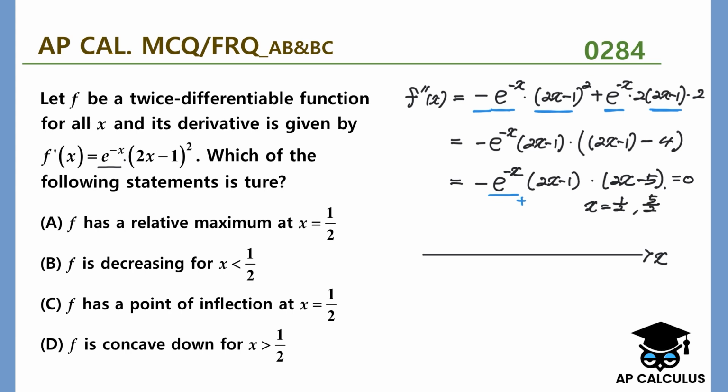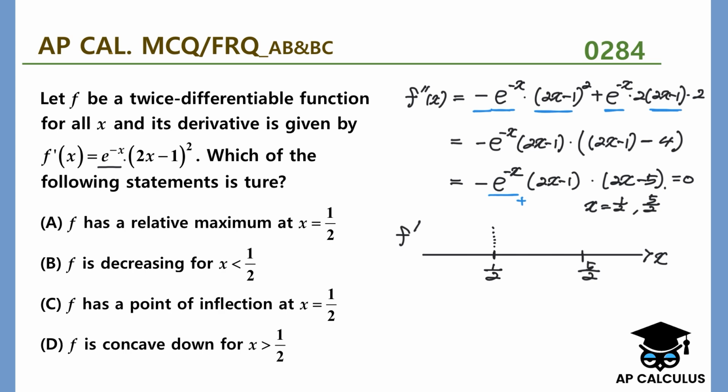Here we have the first derivative. The first derivative is equal to 0 when x is equal to 1/2 only, right? So I'm going to write 1/2. Here 5/2. Okay, this is the first derivative.